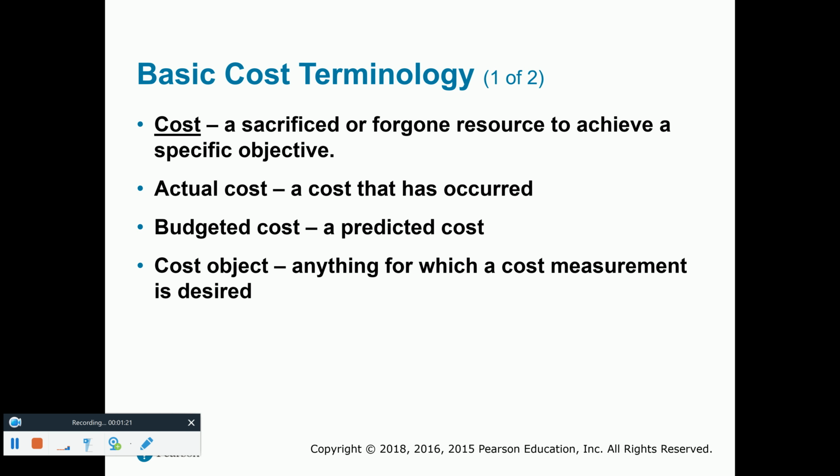If the cost object is a service that we're going to provide to our customers, an example would be a telephone hotline providing information and assistance to BMW dealers or possibly even BMW owners.